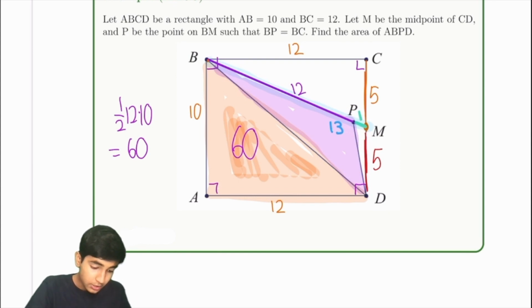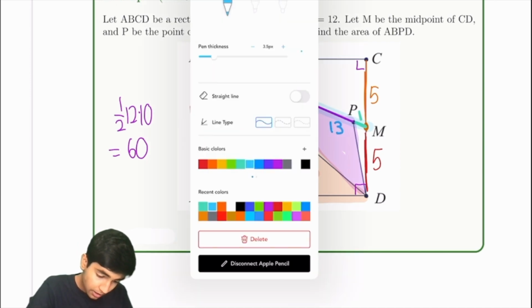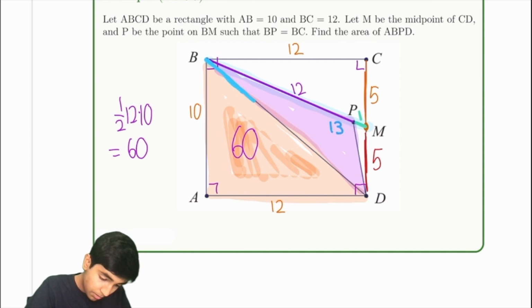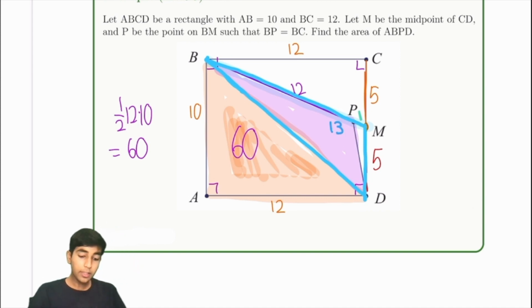Okay, so first things first. Let's find the area of this blue triangle I'm about to highlight. This one. What's the area of that triangle? Well, this is not like a regular right triangle, but don't be tricked by it. We still know the base and the height.